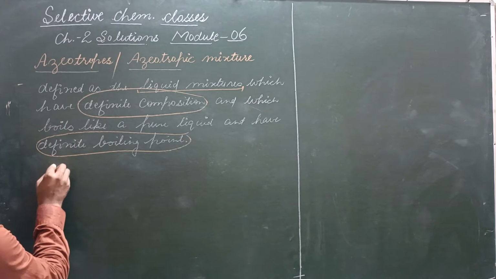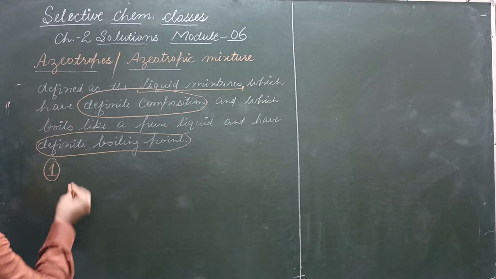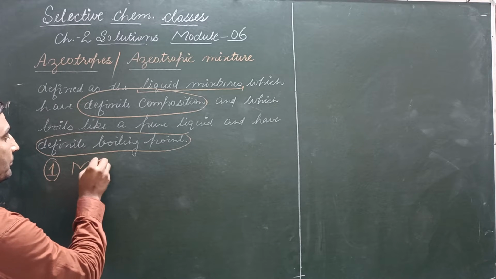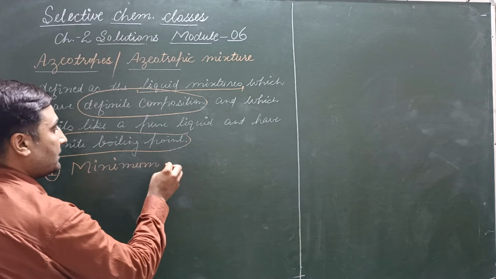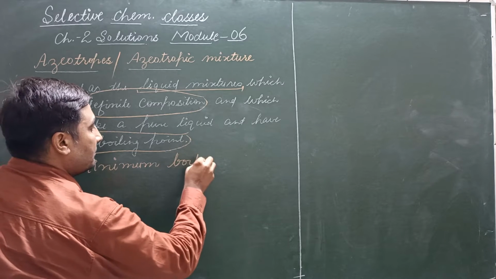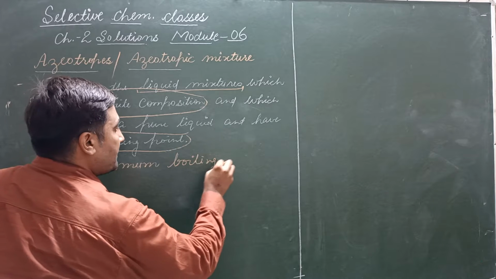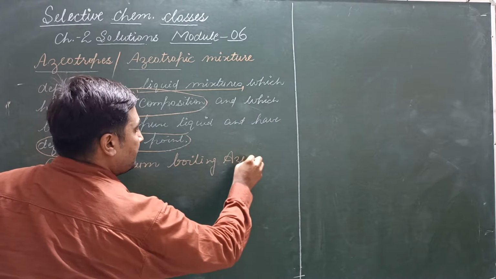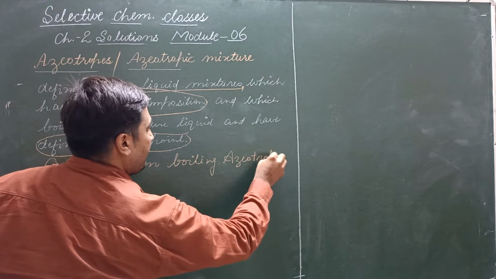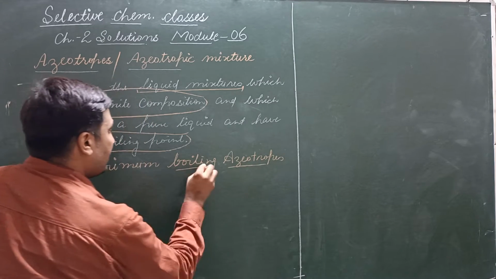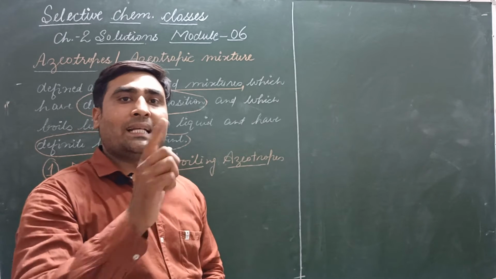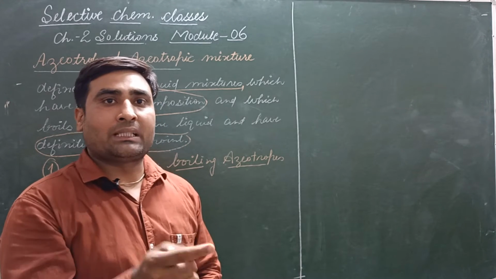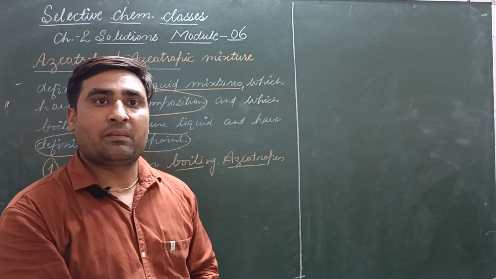The first type of azeotropic mixture is minimum boiling azeotropes. Yesterday we had discussed the non-ideal solution showing positive deviation from ideality.